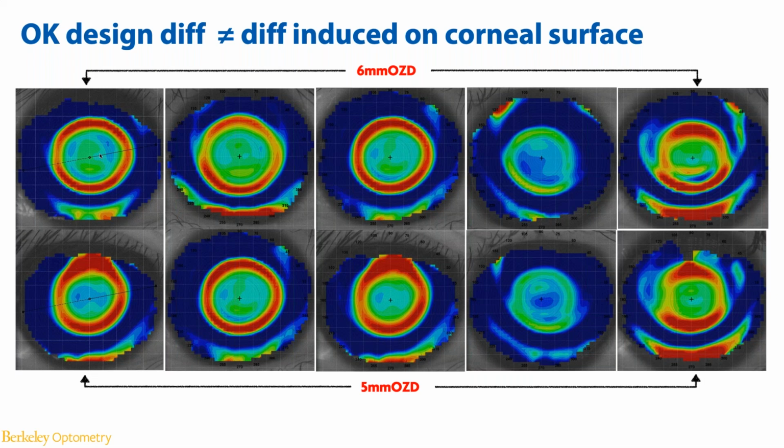And so I try to use normalized color scales. Each vertical pair is using exactly the same color scale, but across the board, they're probably using different color scales. So the reason she didn't have that hot ring was because of her lower prescription and a flat cornea. So her paracentral steepening is not as dramatic as compared to the other subjects.